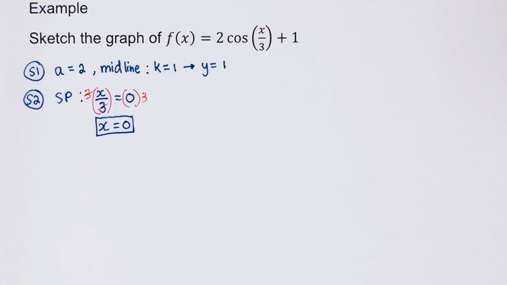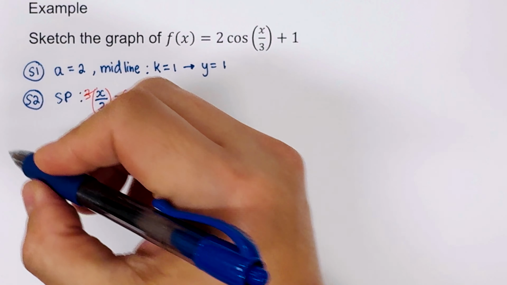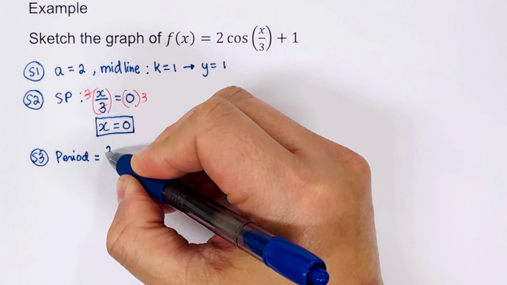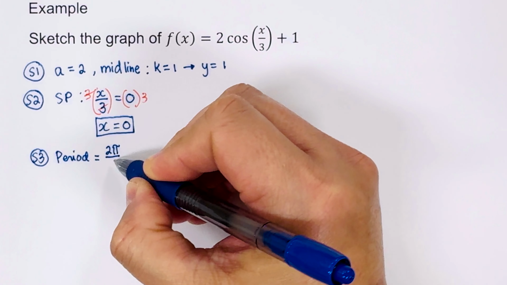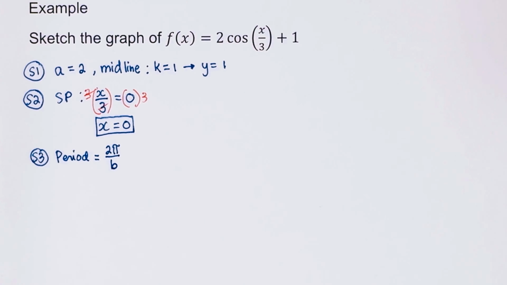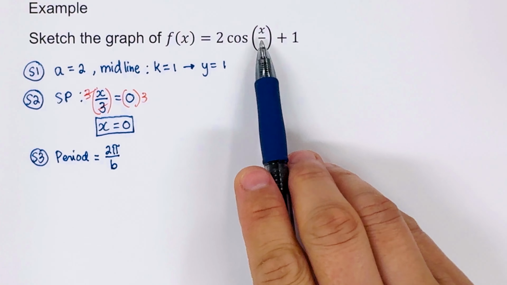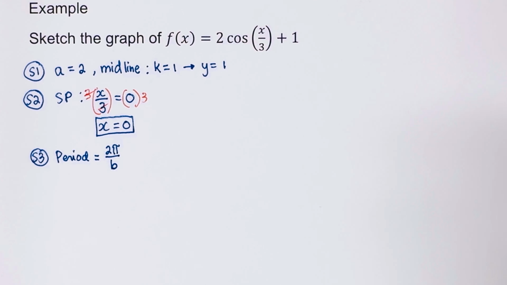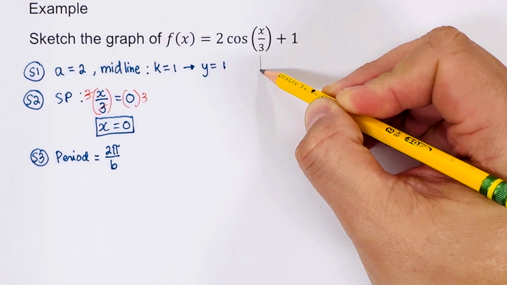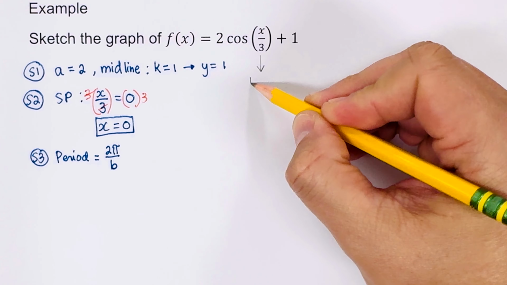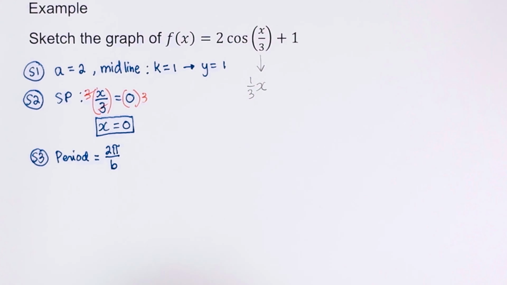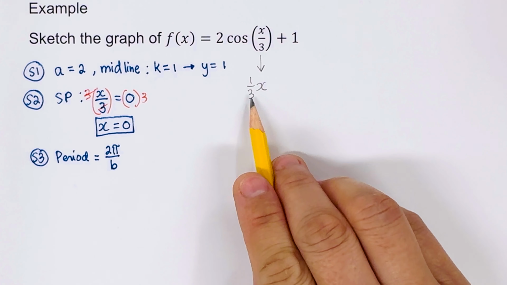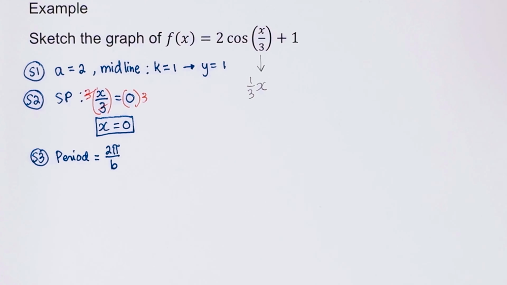The third step is to determine the period. The formula for period is 2 pi over b. Now we remember that the b is the coefficient of the x. In this case, we can rewrite this part as 1/3 x. They're pretty much the same thing, which tells us that our b is 1/3.